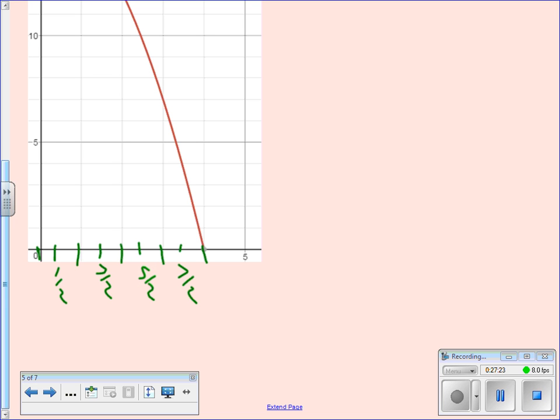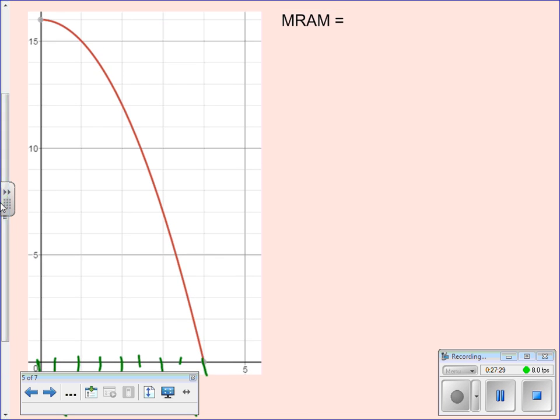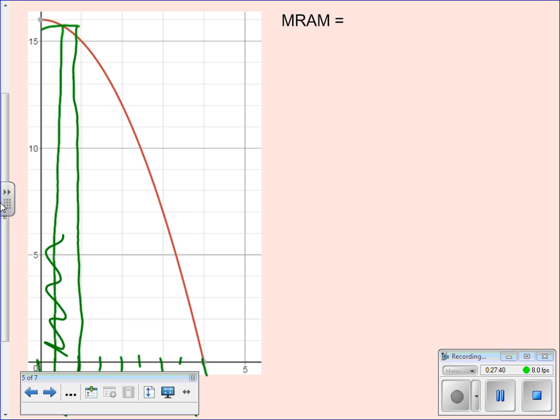To find my first rectangle, I go up the middle until the middle hits, and that's the height of my rectangle. Here's my first rectangle, and I know it's not right on, but you get the idea. The middle is where my height comes from. Not the left, not the right, the middle.